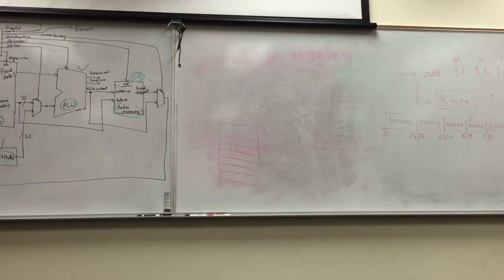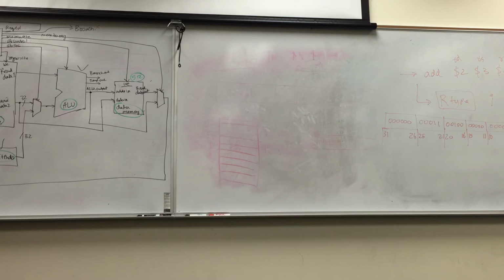So initially, what are the control states? So what are the controls here? Forget branch. You have register destination, and then memory to register, memory write, ALU control, ALU source, and then reg write. Okay. So first thing is what should be the register destination here?